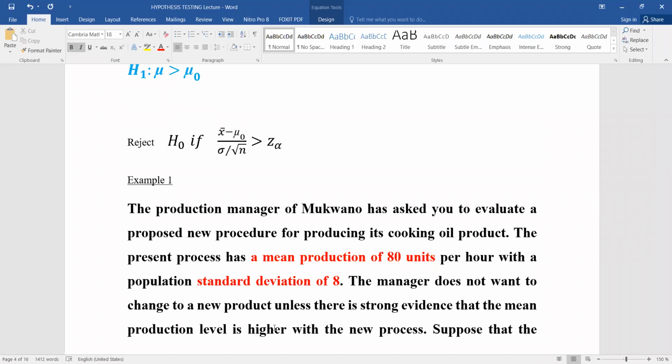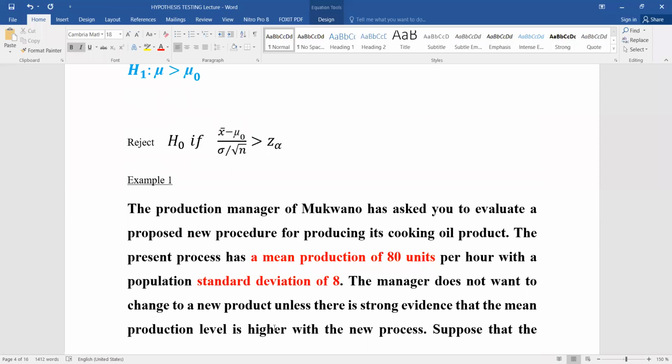That is what we call mu, with a population standard deviation of 8. The 8 is what we call the standard deviation of the population.